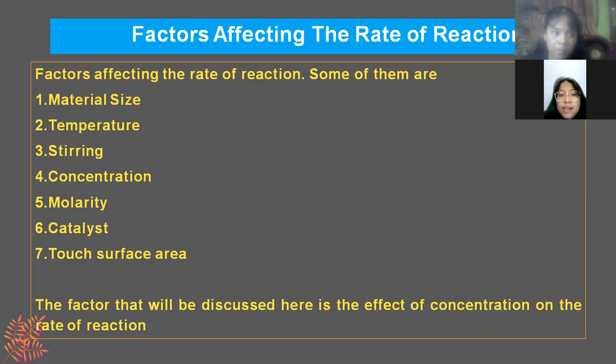There are many factors affecting the rate of reaction. Some of them are material size, temperature, stirring, concentration, molarity, catalyst, touch surface area. The factor that will be discussed here is the effect of concentration on the rate of reaction.